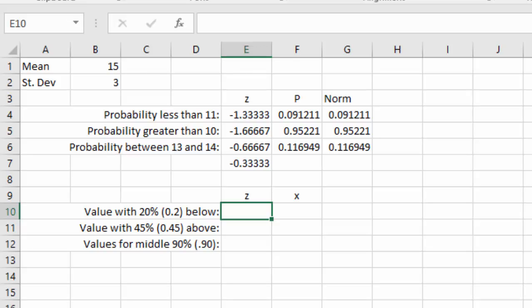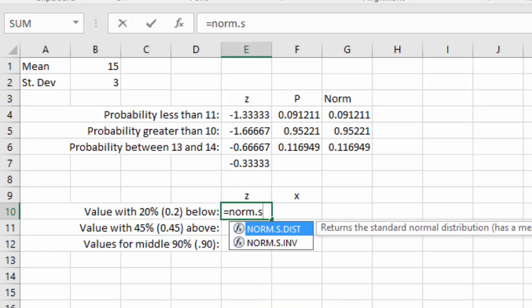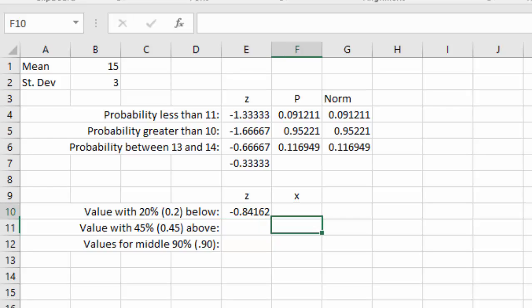So to get the inverse, we'll type in equals norm dot s, because we're doing z-value standards, dot inv, that stands for inverse, and then we just type in the probability. We want 20% or 0.2 below, and that gives us a z-value of negative 0.84.